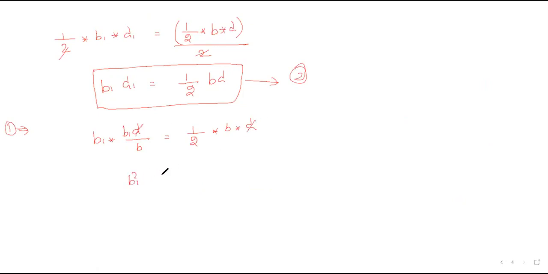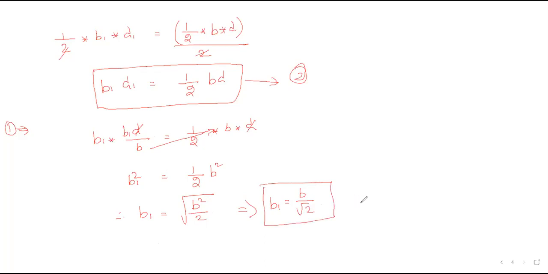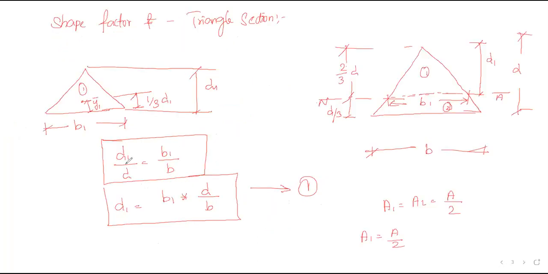So B1 squared is equal to half into B squared. Therefore B1 is equal to root under B squared by 2, so B1 is equal to B by root 2. This is another equation. In a similar way, I can have one equation here, that is D1 equal to B1 D by B.